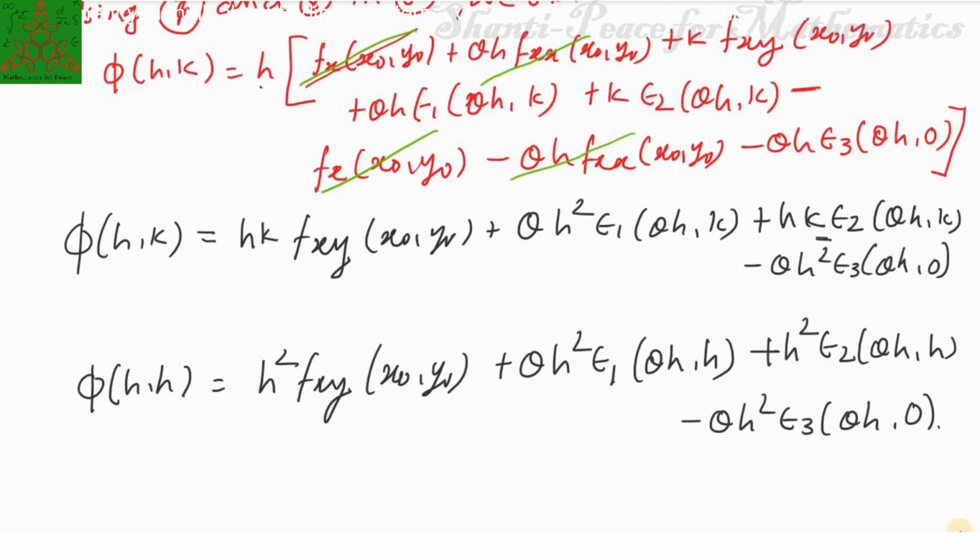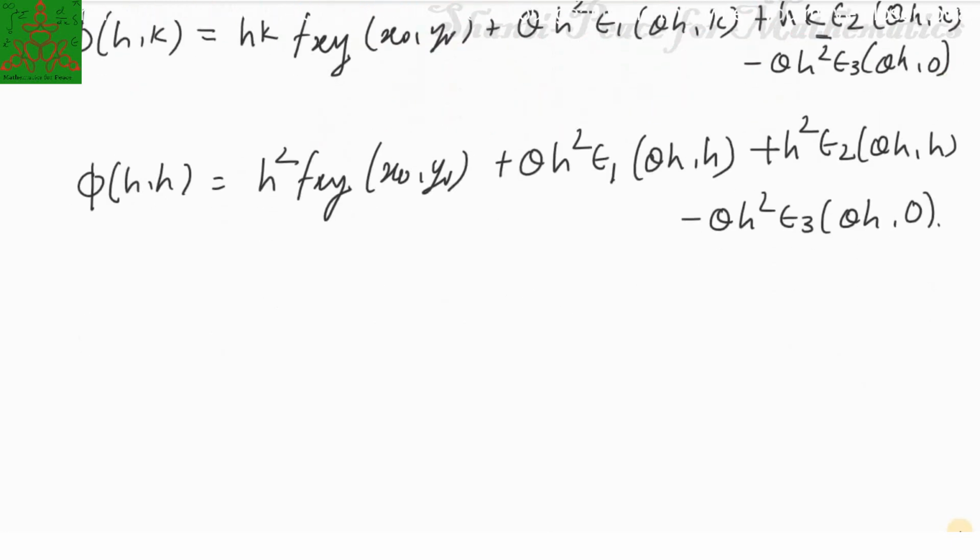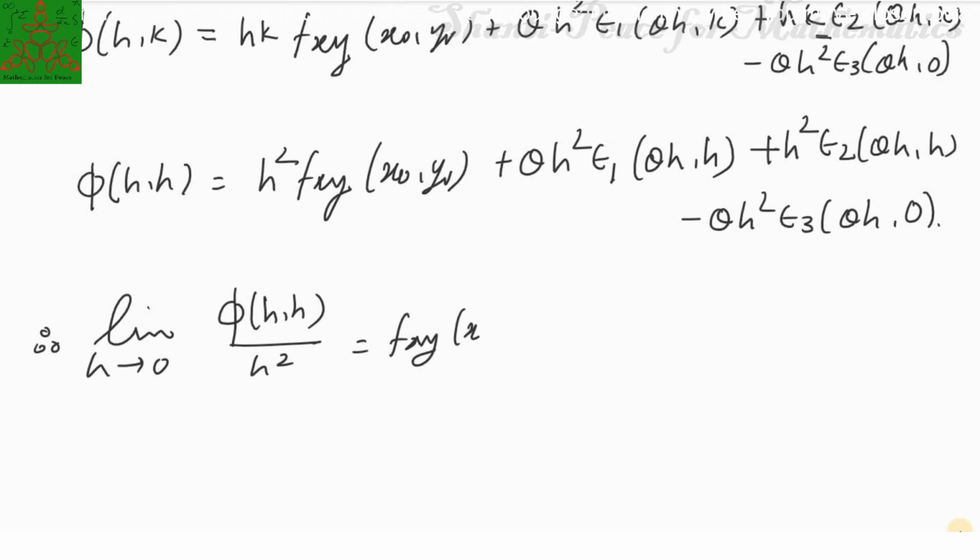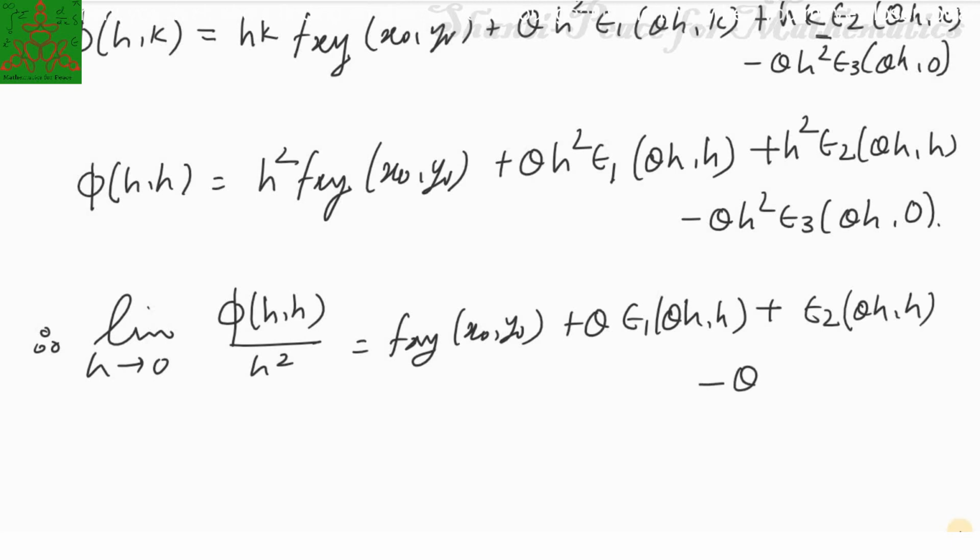If I take h square common and I'm applying the limit as h tends to 0, so this is nothing but the limit h tends to 0, phi of h upon h square will give you fxy at point x0 y0 plus theta into epsilon 1 theta h comma h, plus epsilon 2 theta h comma h, minus theta into epsilon 3 theta h comma 0.